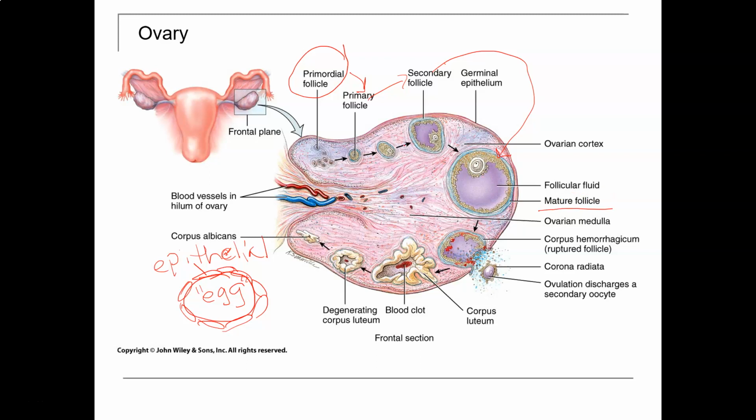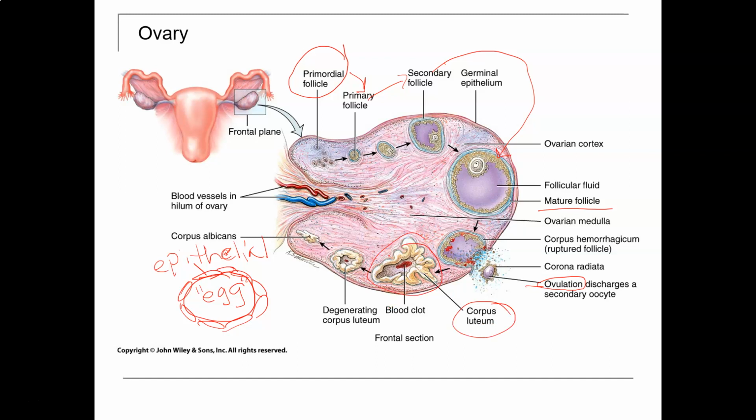So again, starting at puberty, you start to see some of these other structures appear. And then the mature follicle is going to release its egg into the fallopian tube. That's what ovulation is: release of the egg from the ovary. And then what's left of the follicle is going to become something called the corpus luteum.